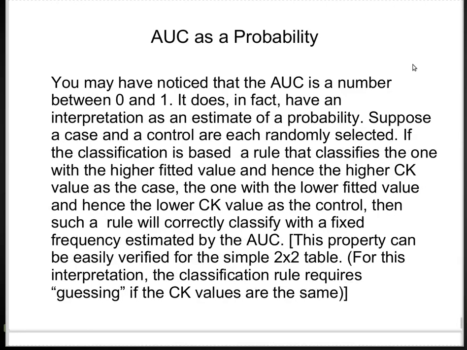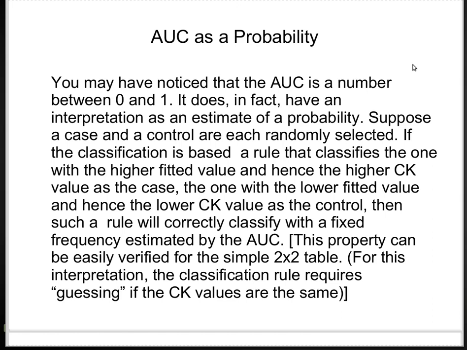Oh, well, a couple more characteristics for you that I thought would be worth mentioning. And that is that, as I mentioned, the AUC is an estimate of a probability. I maybe didn't say that quite as directly here, but the AUC can be seen as a probability, and then what we get are estimates of that probability.